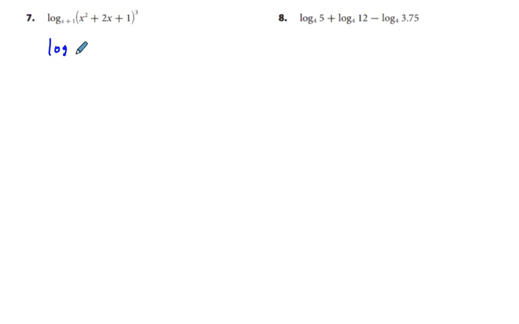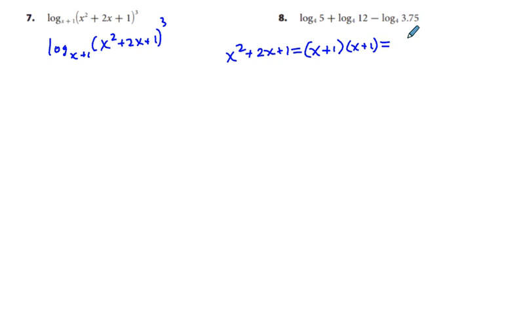Log base x plus 1 of quantity x squared plus 2x plus 1 to the 3rd power. Well, we can write this x squared plus 2x plus 1. That is going to be equal to quantity x plus 1, x plus 1, or quantity x plus 1 squared.